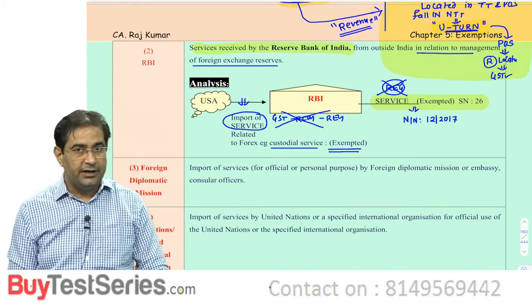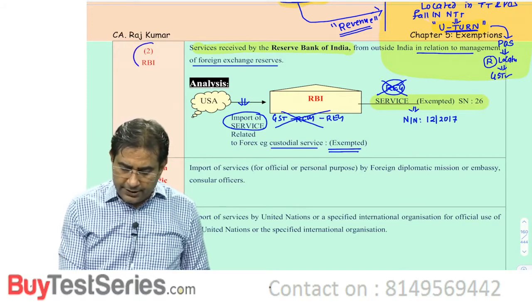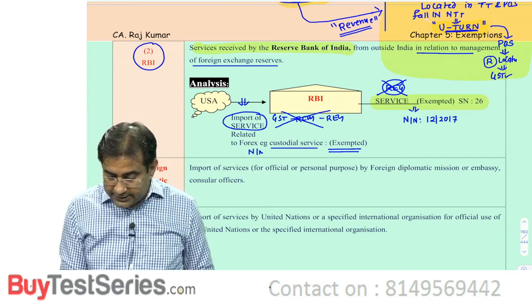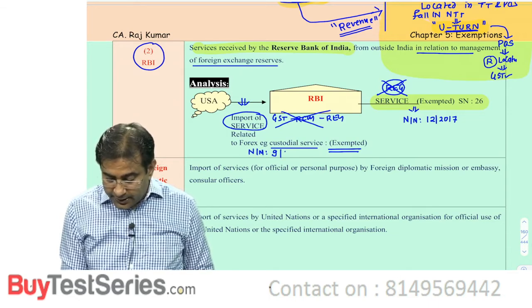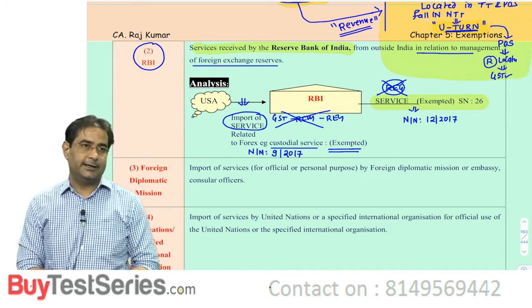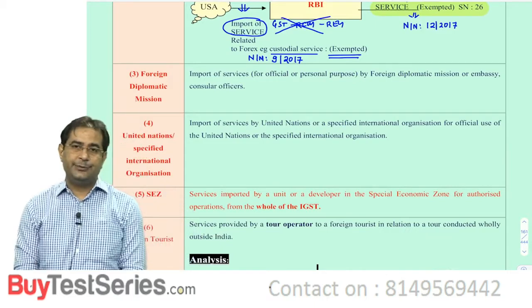Is it okay, my dear? Yes, sir. Is it completely clear? Yes, sir. Basically, this point has already been discussed along with this particular linkage. This point was exempted by notification number 9/2017 that we are discussing here. Is it okay? Yeah. Now, foreign diplomatic mission.